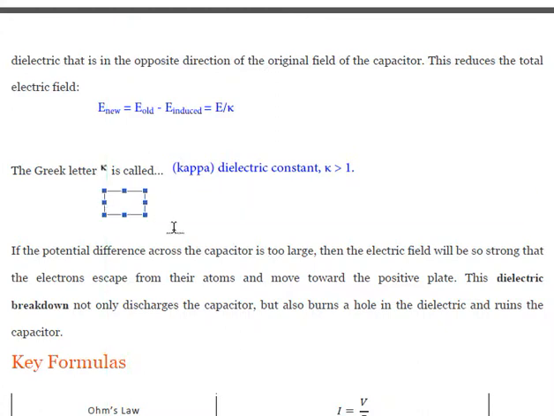So since we can talk about capacitance in terms of charge and potential difference, we could say that our new capacitance is equal to kappa multiplied by our old capacitance. So if we're decreasing the potential difference, since capacitance, remember, is equal to Q divided by V, if we decrease this V, then our capacitance is going to shoot up.